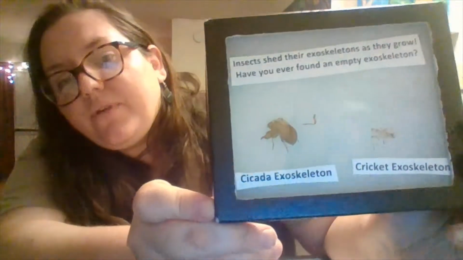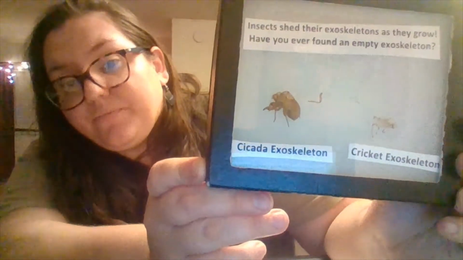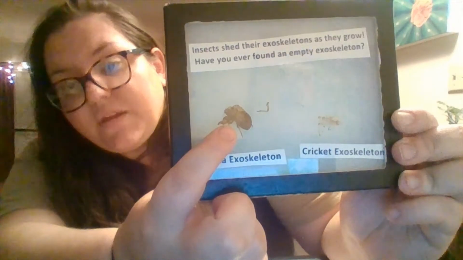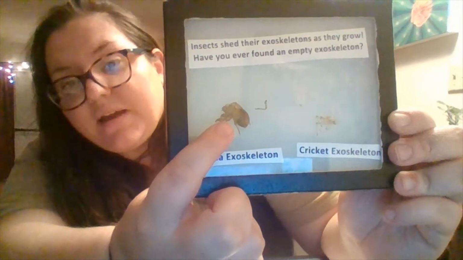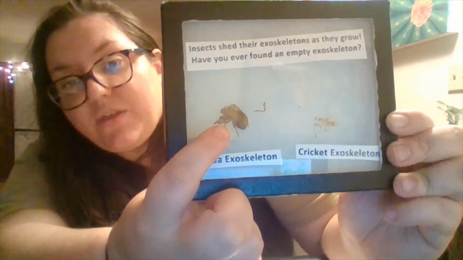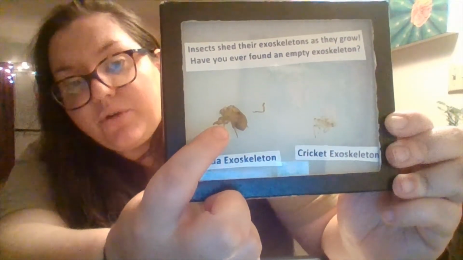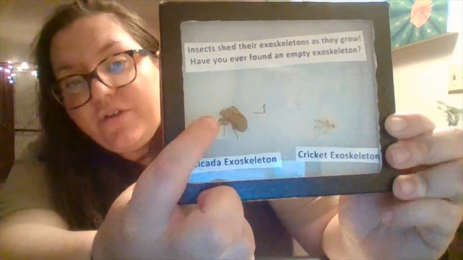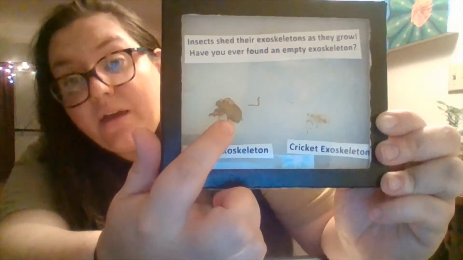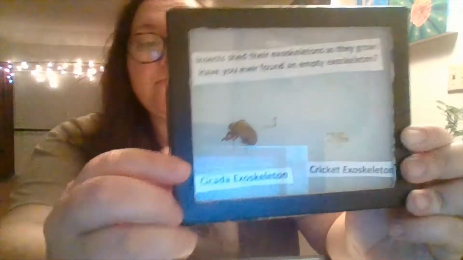And something else that all insects share is they all have an exoskeleton, right? This is from a cicada. Cicadas, along with most other insects, as they grow, their exoskeleton, their outside skin, doesn't grow with them, and they shed it in order to grow bigger. So in the summer, you can find all kinds of these cicada sheds hanging off of trees and other vegetation.